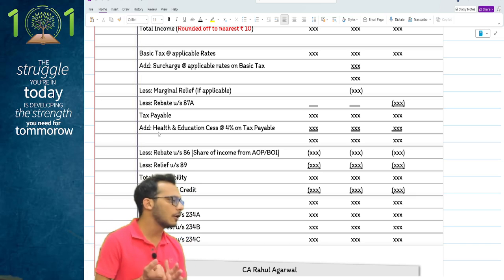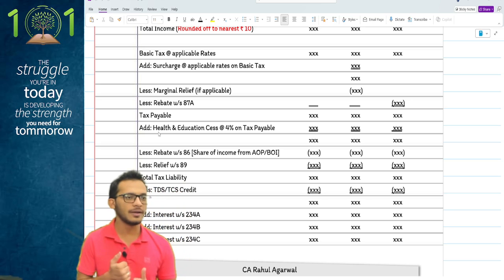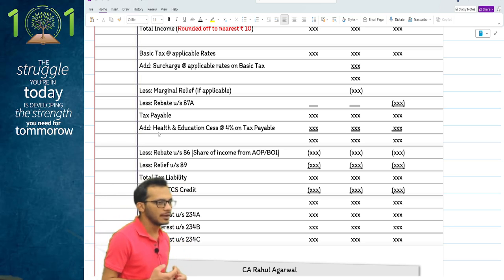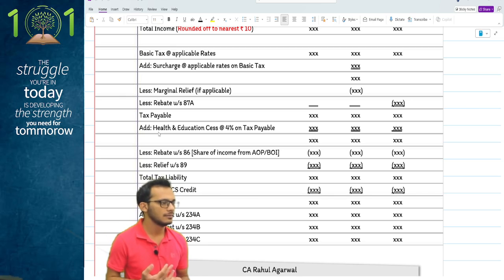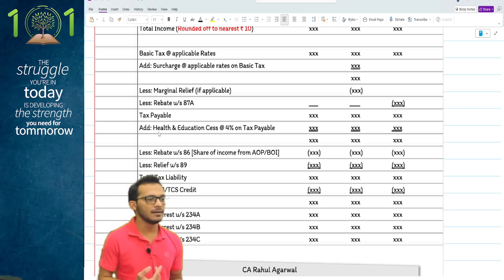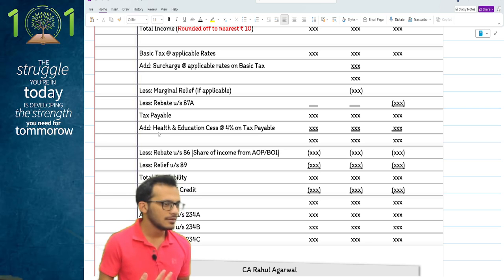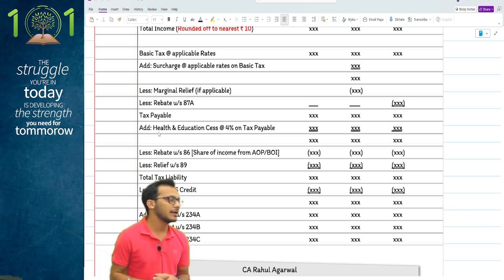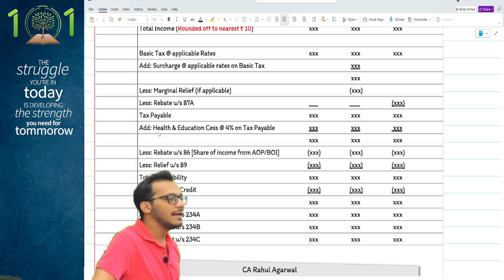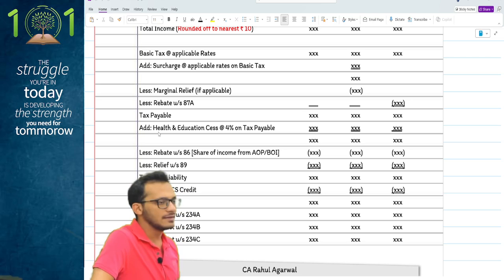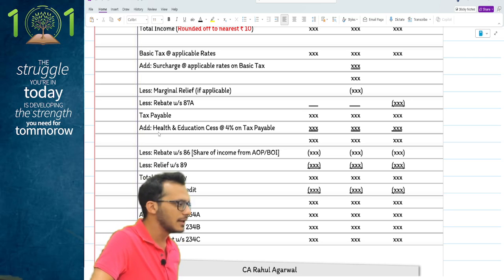This is only for a normal individual. If I find out that you are a resident individual having age 60 years or more in the previous year, the provisions come and say if you are a resident senior citizen having completed 60 years of age at any time during the previous year, then you are eligible for a different slab.